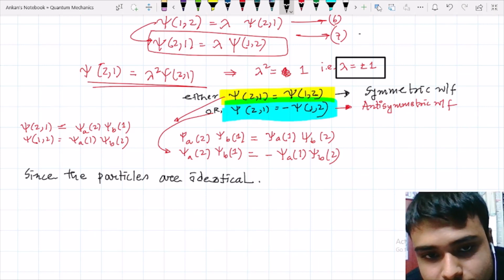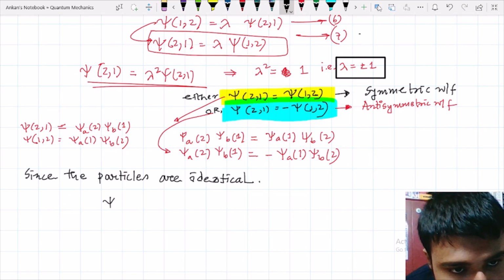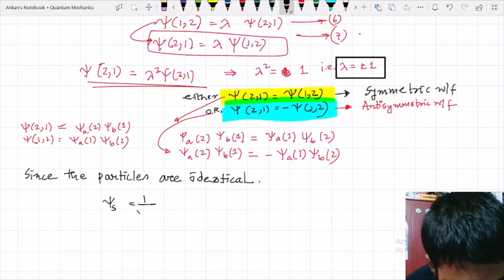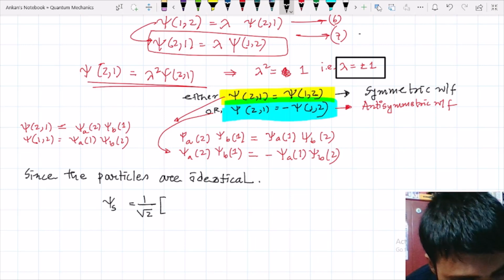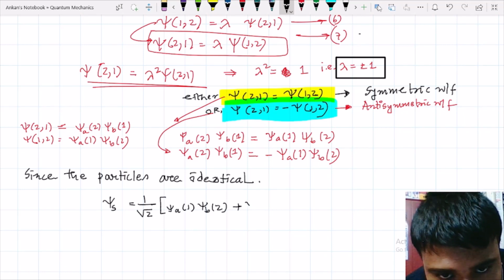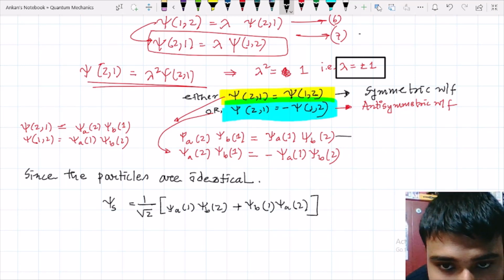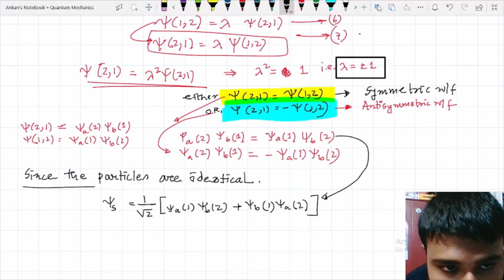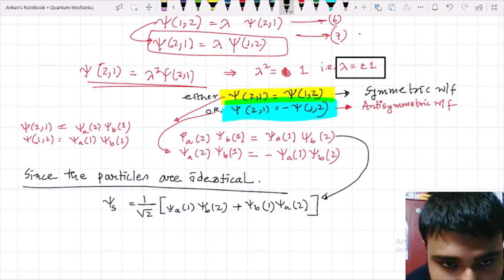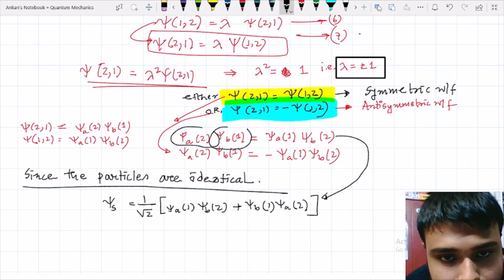Therefore, the actual wave function is obtained by the linear combination of these two and can be written as psi s is 1 by root 2 times psi a1 psi b2 plus psi b1 psi a2. From this, since the particles are identical, there is equal probability for obtaining either psi a in 1 and psi b in 2, or psi b in 1 and psi a in 2.